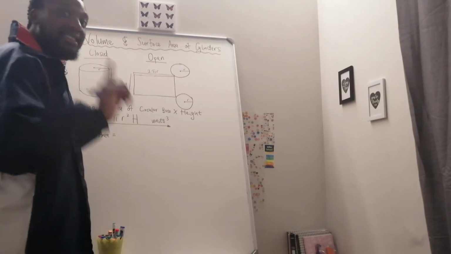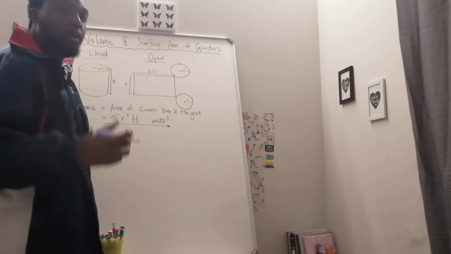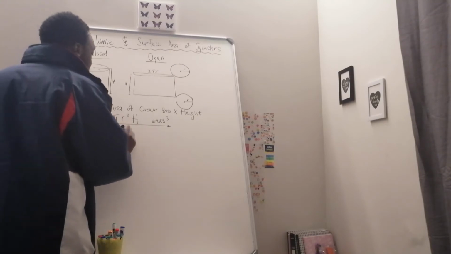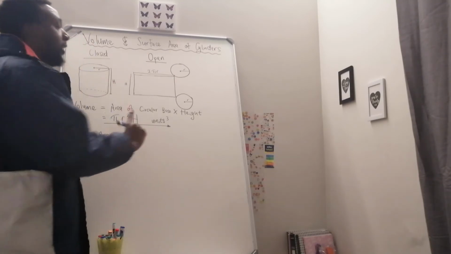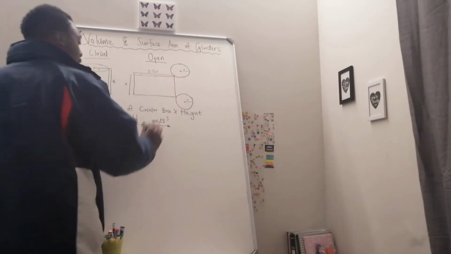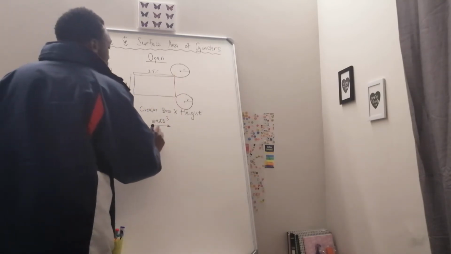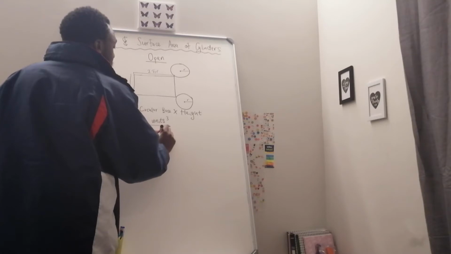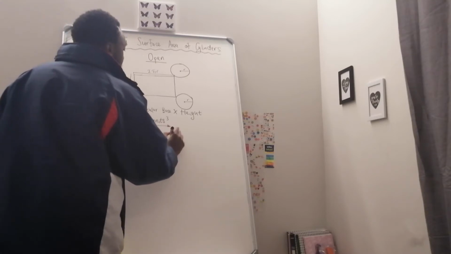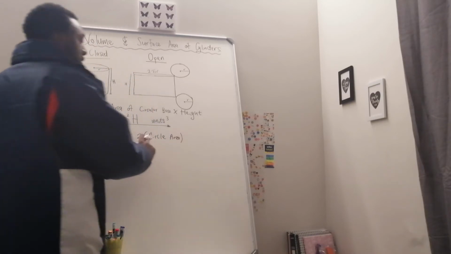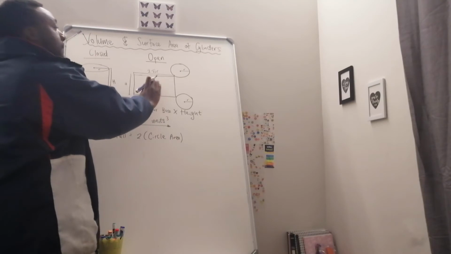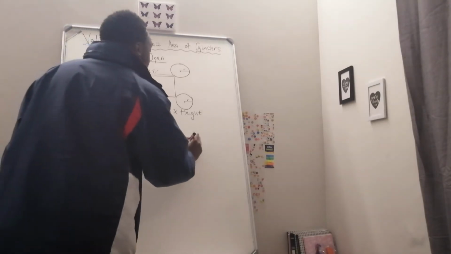So the surface area of a full cylinder will be two of those circle areas, because they're the same. I could just say 2 times the circle area plus the area of the rectangle.